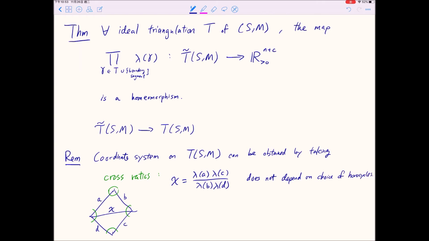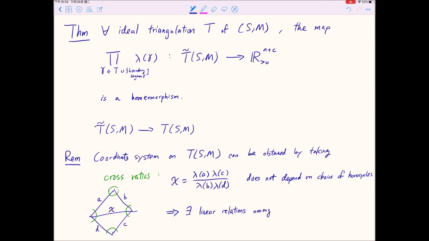So indeed, it gives a well-defined coordinate on the usual Teichmüller space where we don't have the information of the horocycles. However, this Teichmüller space will be cut out by some linear relations.